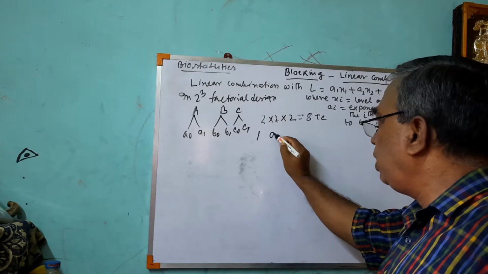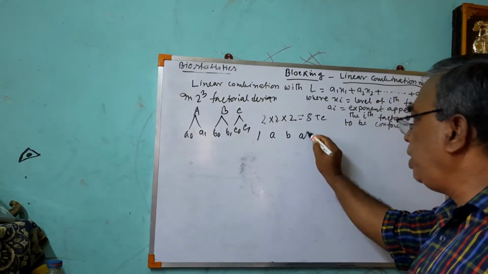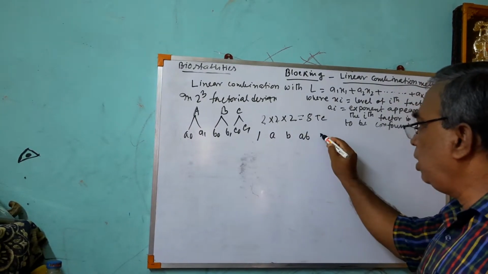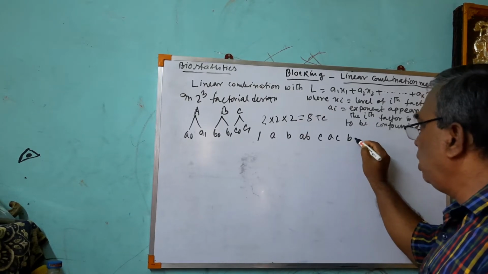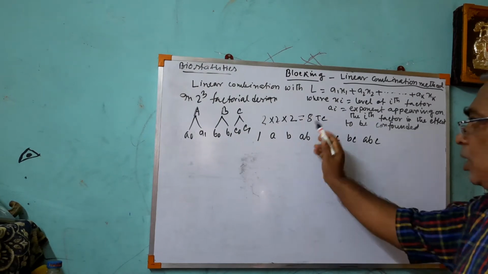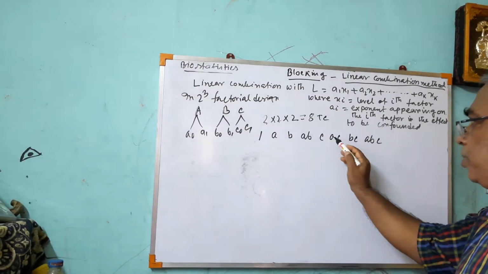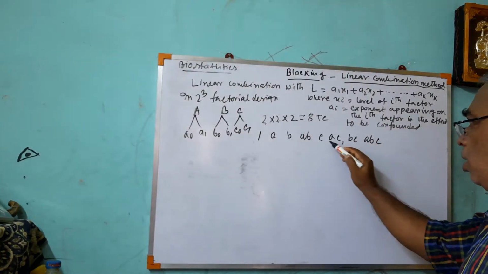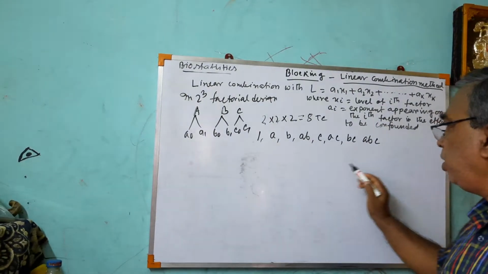I am writing them: 1, A, B, AB, C, AC, BC, ABC. These are the 8 treatment combinations.